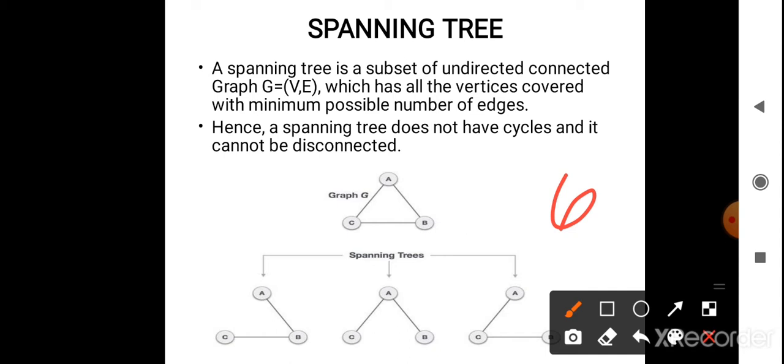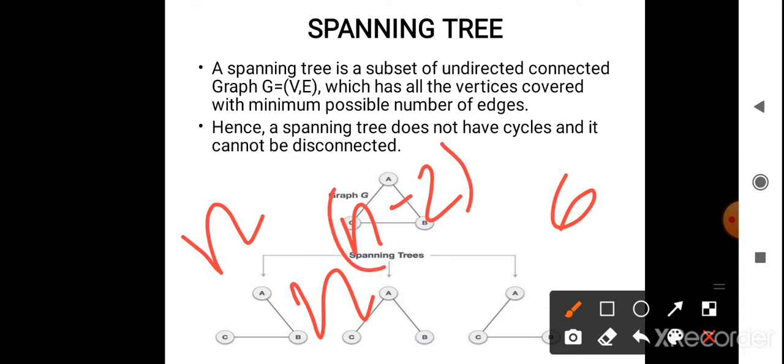If a graph is a complete graph with n vertices, then the total number of spanning trees is n raised to n minus 2, where n is the number of vertices in the graph.